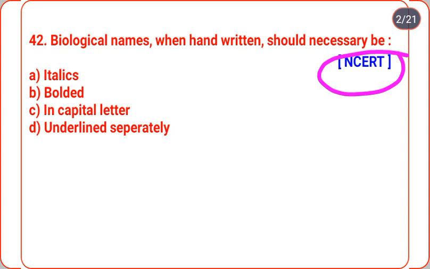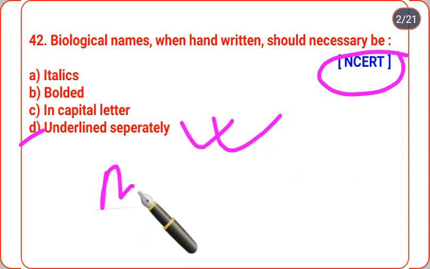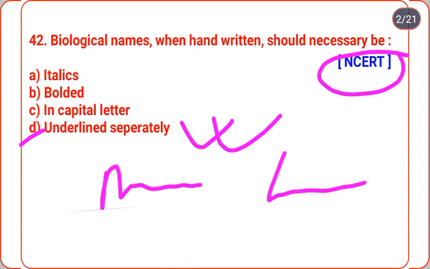This is also from the NCERT book. We repeat, biological names when handwritten should necessarily be. So here our correct option is D, underlined separately. For example, Mangifera indica. So underline, yes. Okay, next.